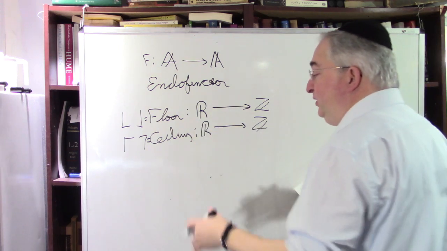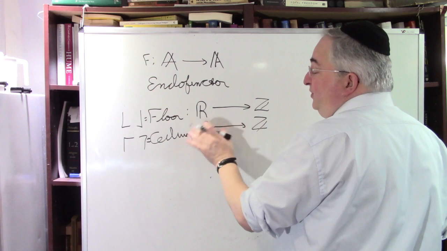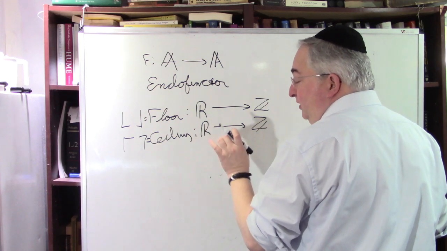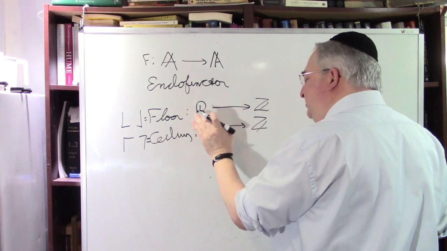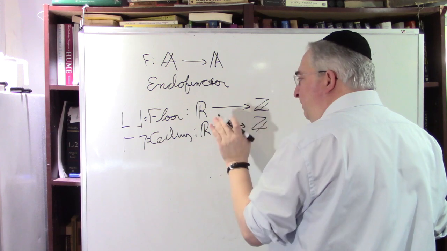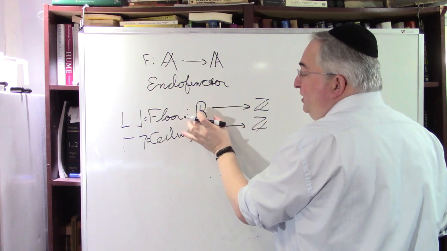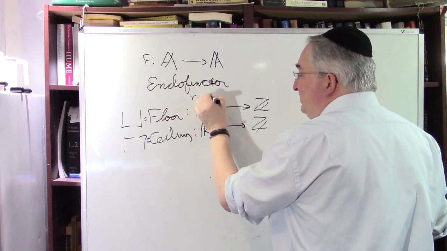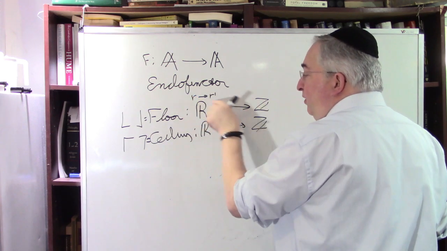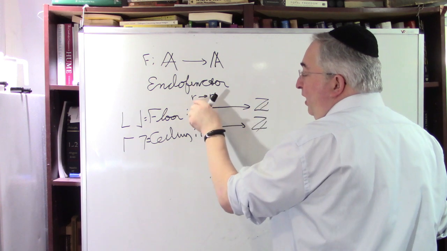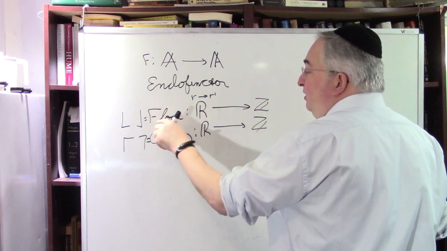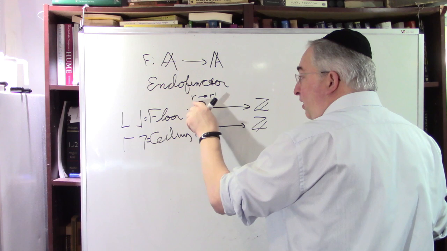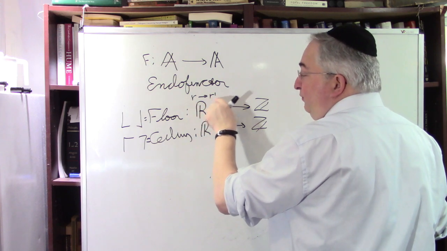Main point: usually we think of these as set functions, but you have to keep in mind that they preserve order. In other words, if r is less than or equal to r prime, then the floor of r is going to be less than or equal to the floor of r prime.